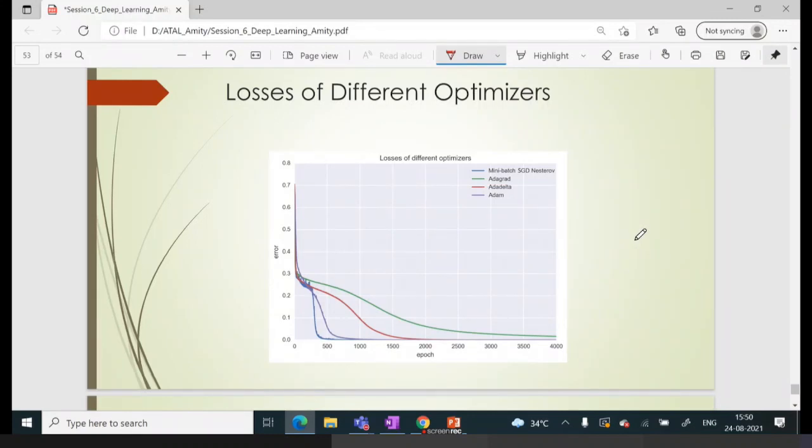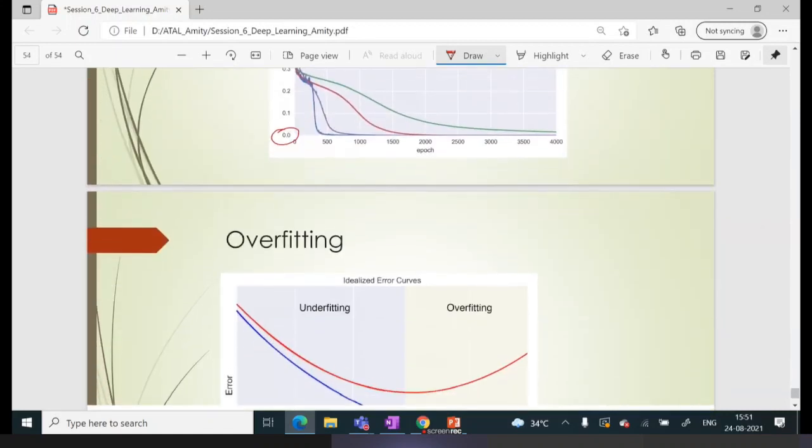So we don't need to worry, at least for the initial programs, about this parameter. There are some optimizers which will set the learning rate for us. So mostly we are going to use the Adam optimizer, and you can see the corresponding line also. After around 600 or 700 epochs only, this particular optimizer will give a loss which is close to zero. Correct? So that is the idea of this optimizer.